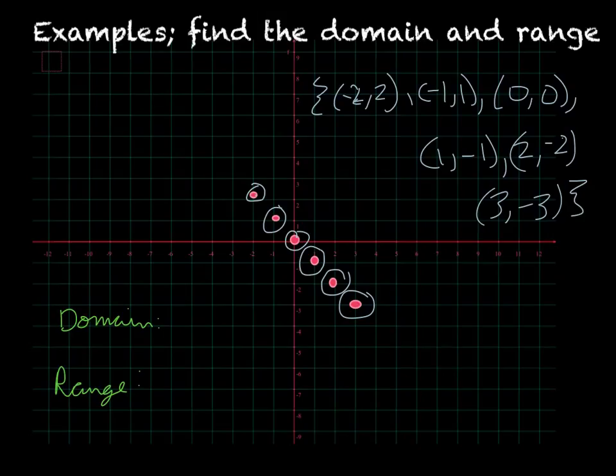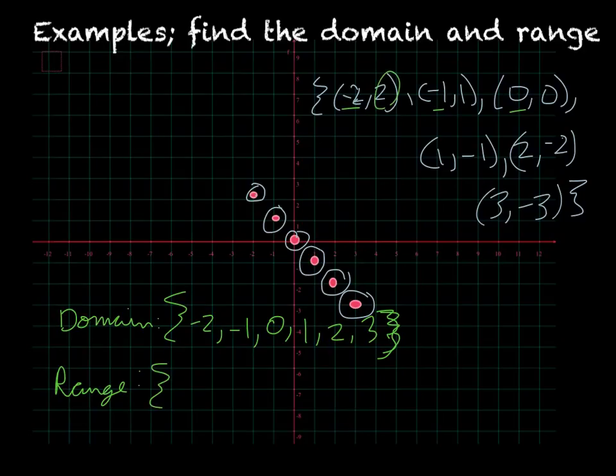Alright, so now I should easily be able to find my domain and range. My domain is any x value. So -2, -1, 0, 1, 2, and 3. Alright, and my range we do the same way.